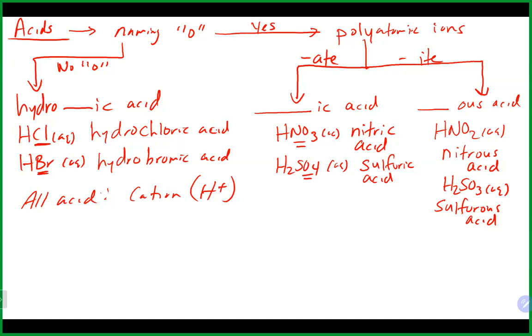You have to balance it out to 0 if you put a formula. That is why, for example, with sulfuric acid, because the sulfate is 2-, we need not 1, but 2 of those hydrogens to balance it out to 0, like a normal ionic compound situation.